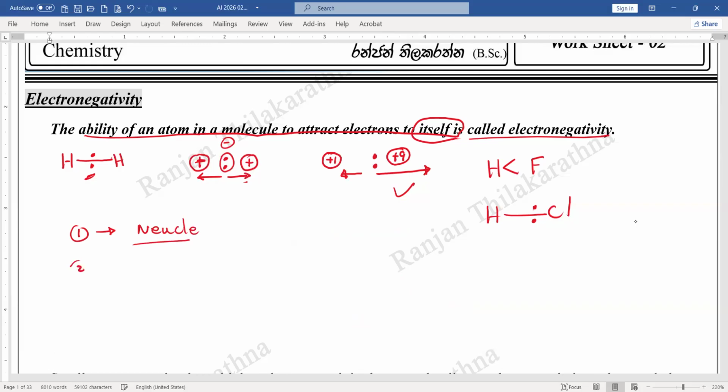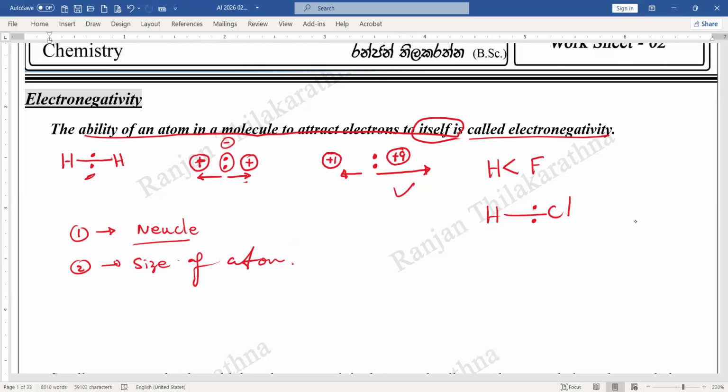The second one is the size of the atom. When the nuclear charge is getting higher, the electronegativity also increases.